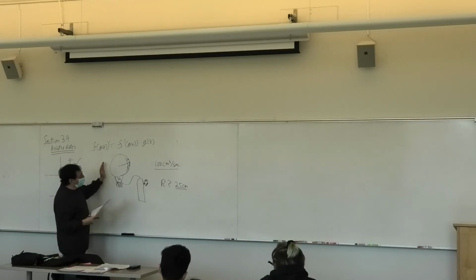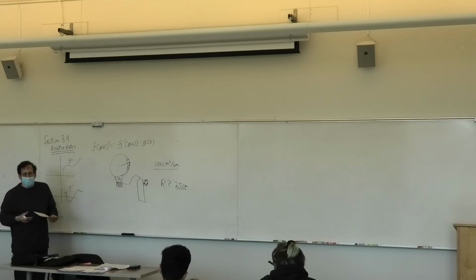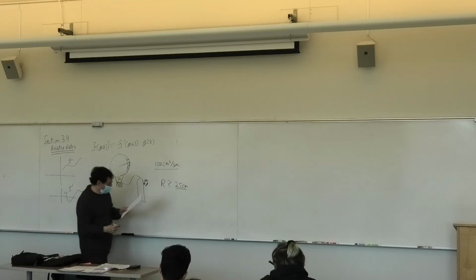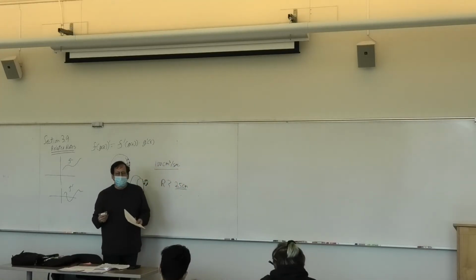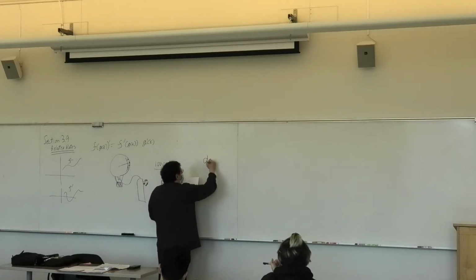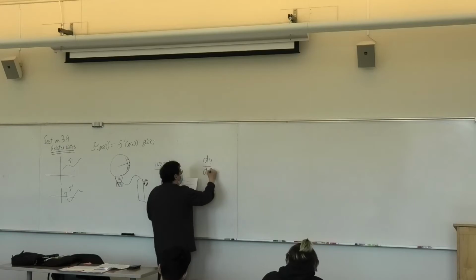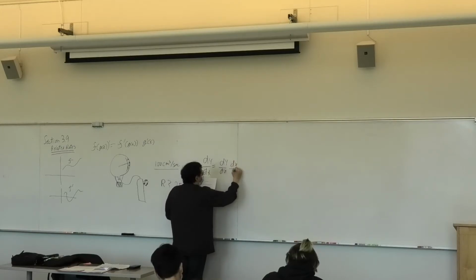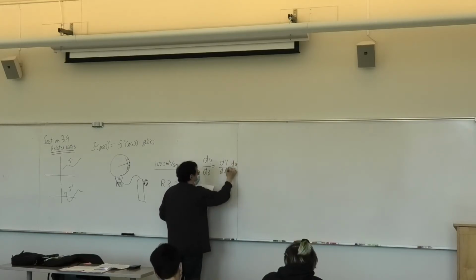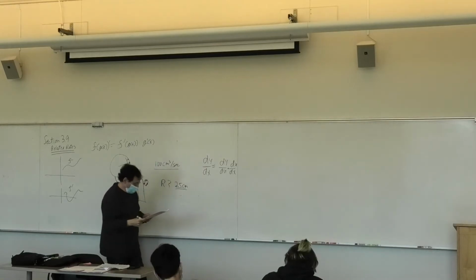To do these problems, there's a pretty straightforward way to go about it using the chain rule. It's usually convenient to put this in Leibniz notation: dy/dx equals dy/du times du/dx.